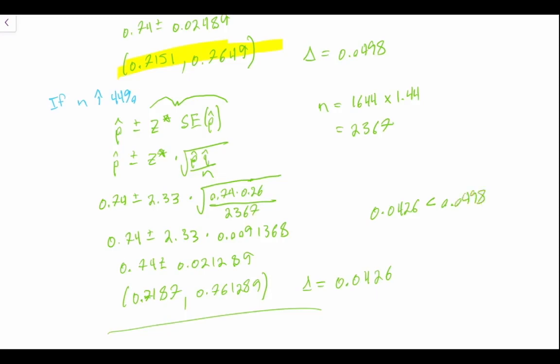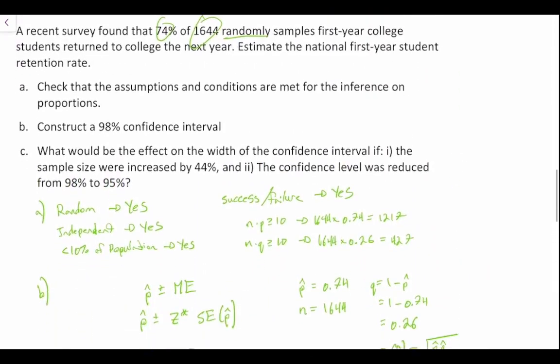In other words, the confidence interval is smaller. This is because as we increase our sample size, our standard error gets smaller, and as a result, our margin of error gets smaller. So overall, our confidence interval becomes smaller.